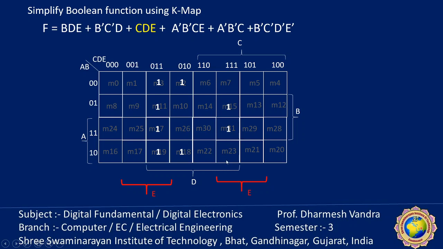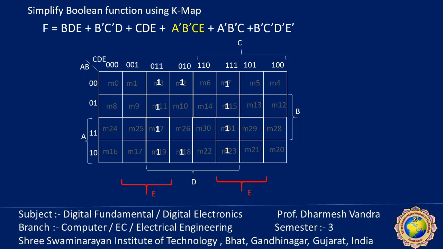So the whole sixth column is represented by C, D, E because C is 1, D is 1, E is 1. In this way also you can identify the common thing, C1, D1, E1. So all four cells of the sixth column are represented by C, D, E. Okay, so let's include these four minterms.